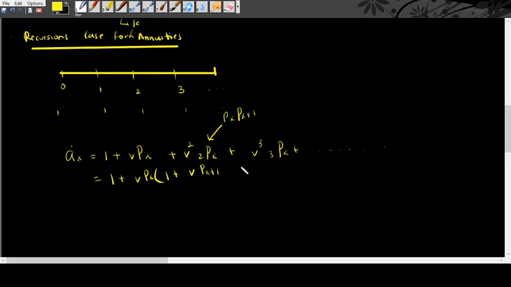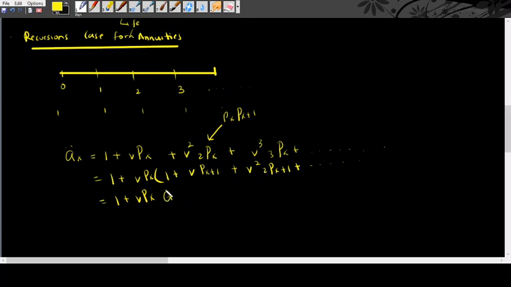So you're going to have this, plus here would be v^2 2p_x+1 plus and so on. So here is 1 plus vp_x times (1 plus vp_x+1 plus v^2 2p_x+1).